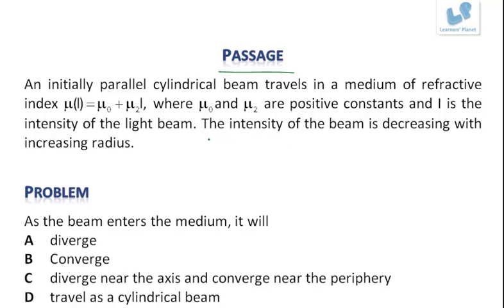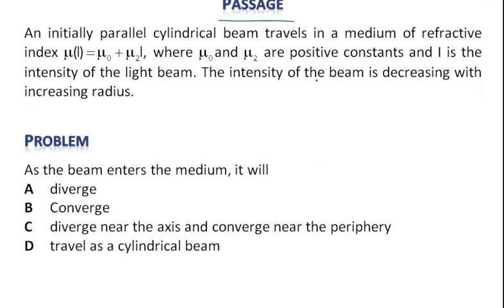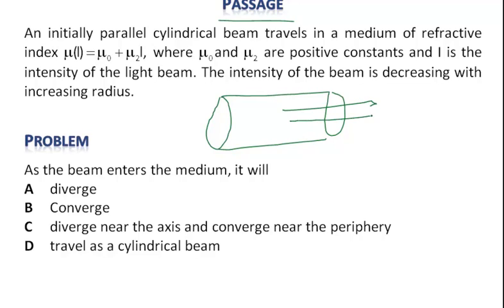The intensity of the beam is decreasing with increasing radius. Now let us comprehend the passage first. If you look at the beam from the side, the beam is traveling in the form of a cylinder. That means the rays are traveling parallel to each other, and their cross section is a circle.